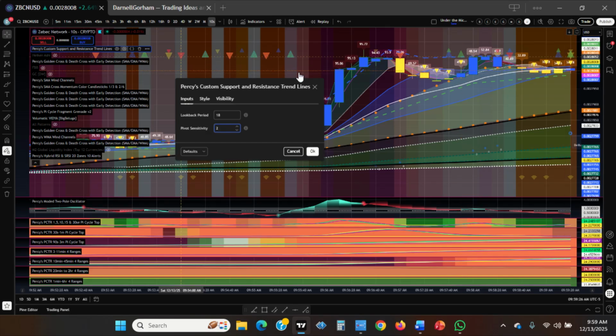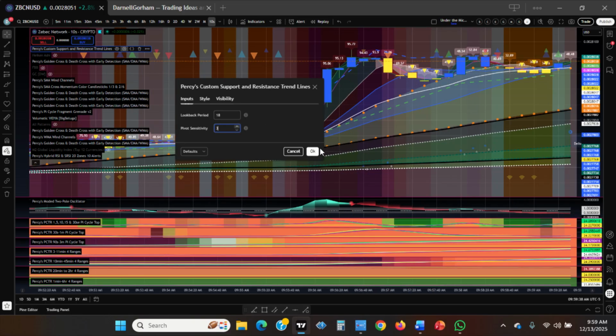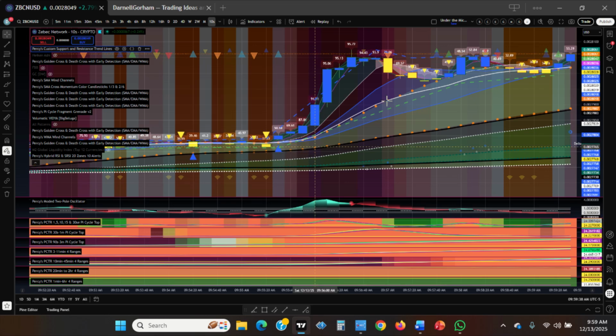Okay, that's painted the candles, blues and yellows. So I like 3, which is really a sweet spot. 3 says, relax. Let me help the interpretation of other things to look at in the chart.